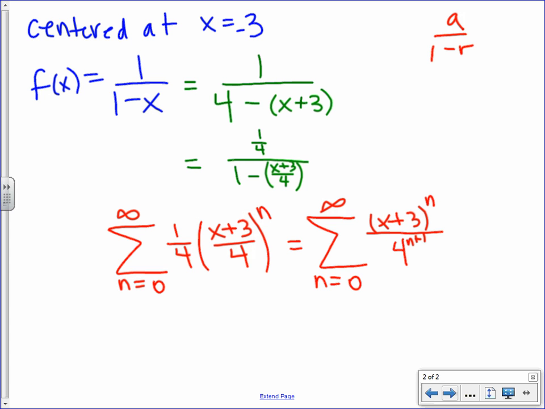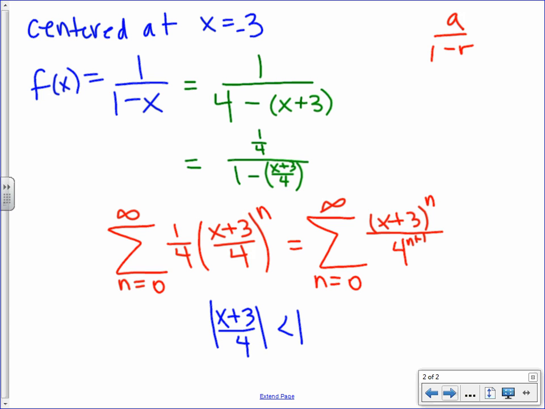Now let's talk about our interval of convergence. Centered at -3. Okay, so we're centered at -3, and if we look at this right here, we need x plus 3 over 4 to be less than 1, right?